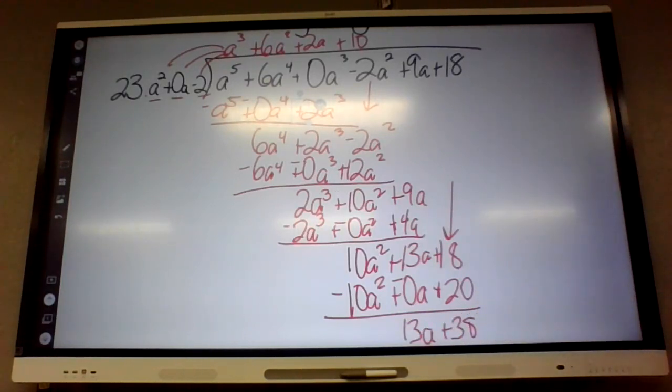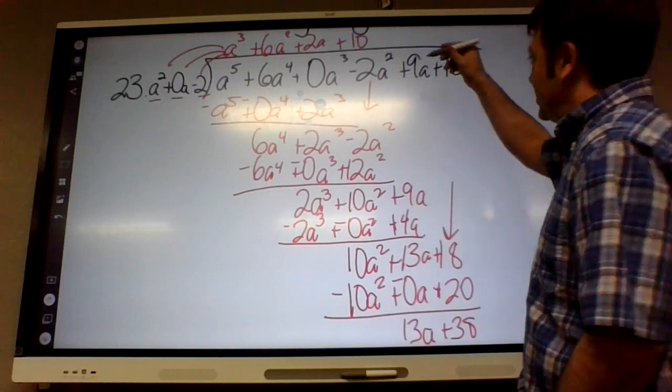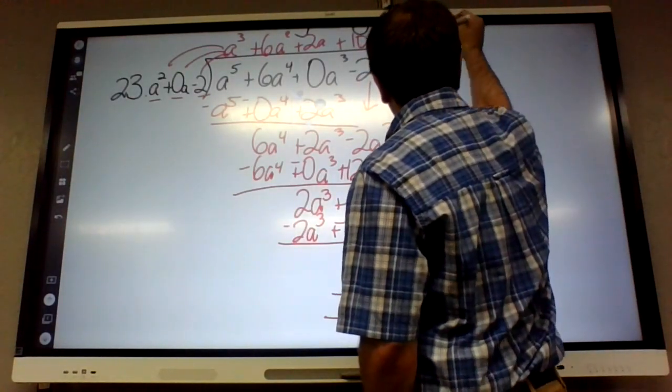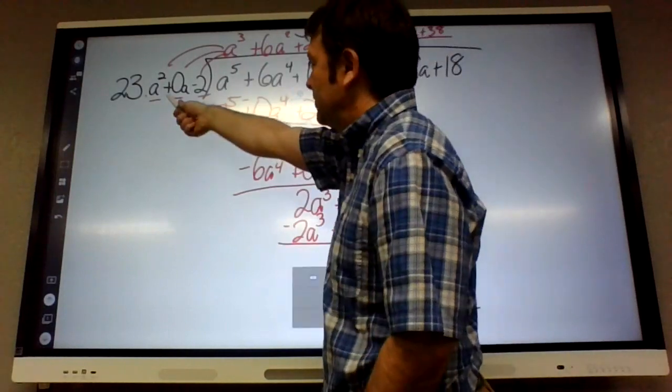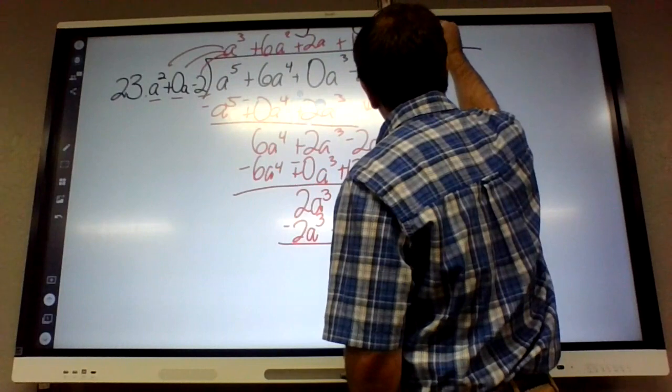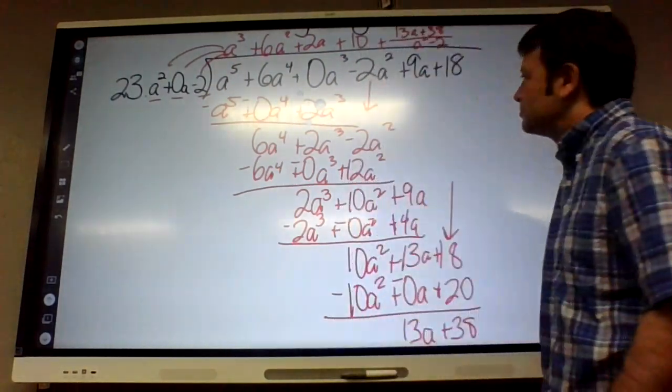Okay, there's nothing left to bring down. That means 13a plus 38, all of that is the remainder. You guys remember how I had you write the remainders? You put 13a plus 38 over the divisor, which was a squared minus 2. Don't really need the 0a this time.